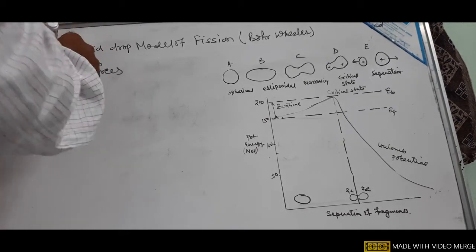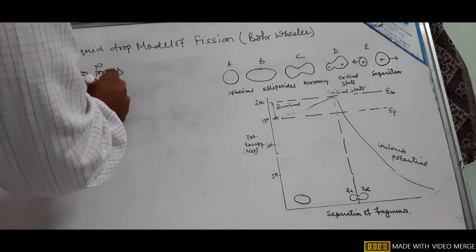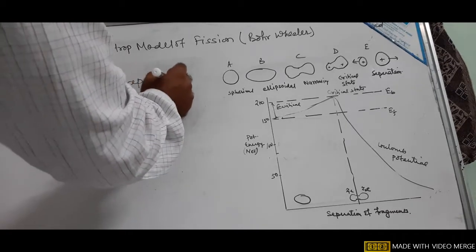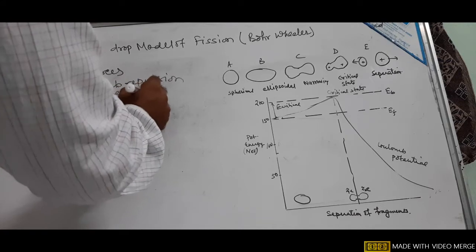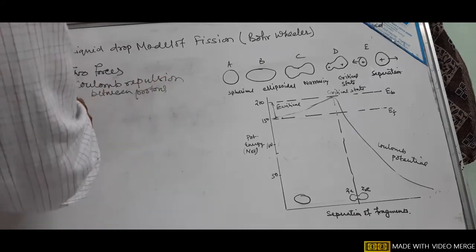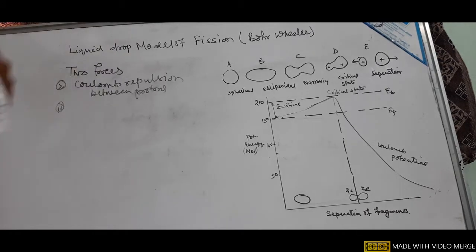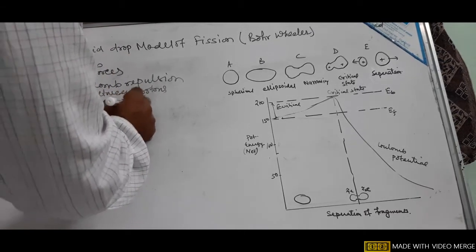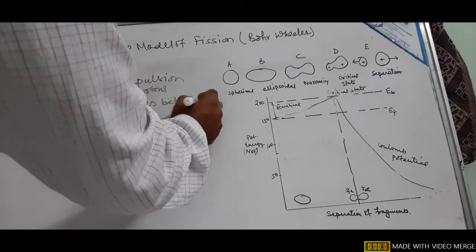Number one is the Coulomb repulsion between protons. The second is the nuclear forces between the nucleons.